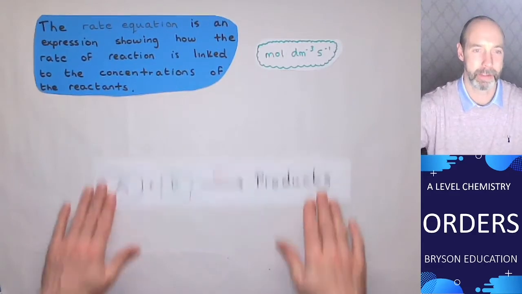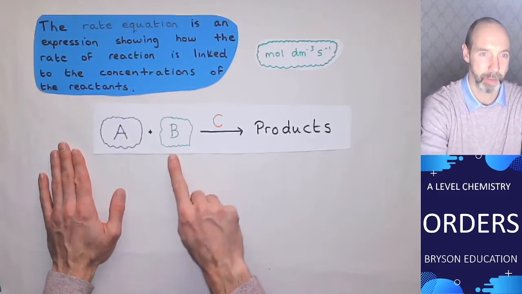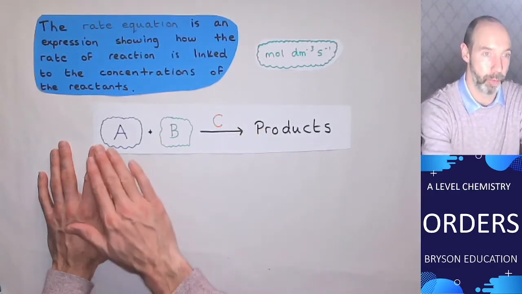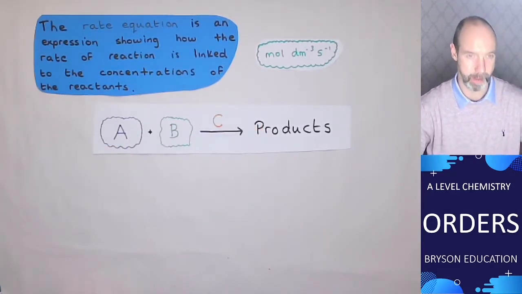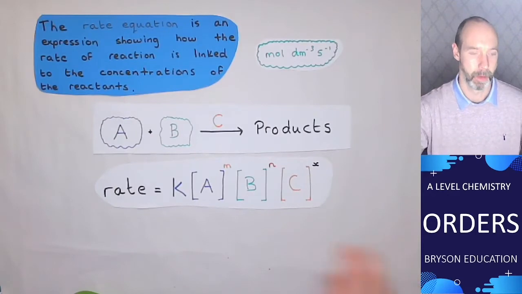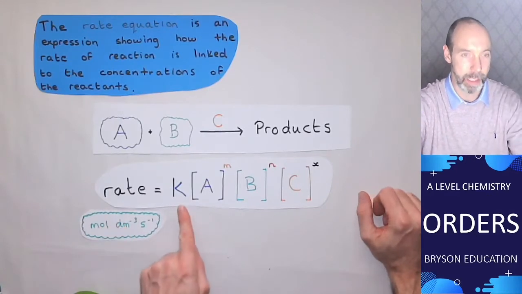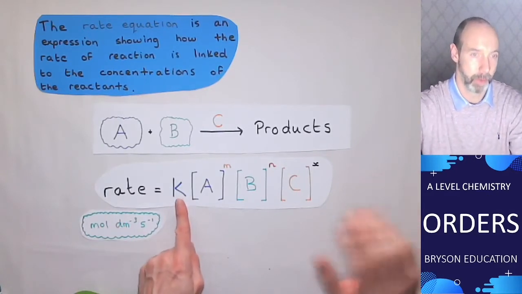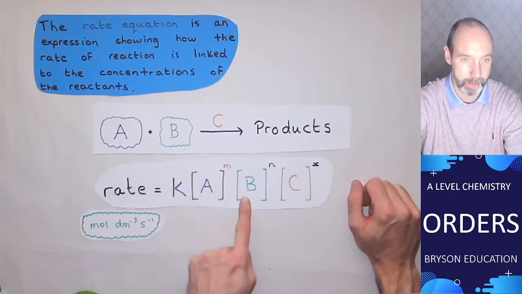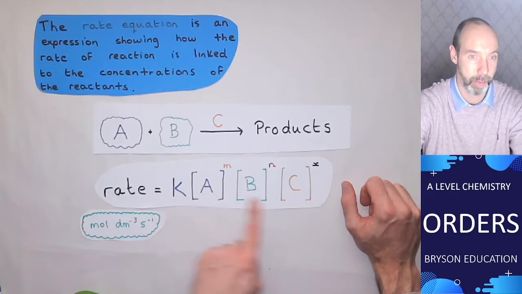Now, let's consider a reaction between A and B, a very, very general reaction where A is reacting with B to form some products, and there could possibly be a catalyst C. So here we've got reactants A and B with a catalyst C. Now the rate equation will take this form, where the rate measured in moles per decimeters cubed per second is equal to some sort of rate constant, and we'll look at that in future videos, multiplied by the concentrations of the reactants, and notice how the concentration of the catalyst can appear in the rate equation.